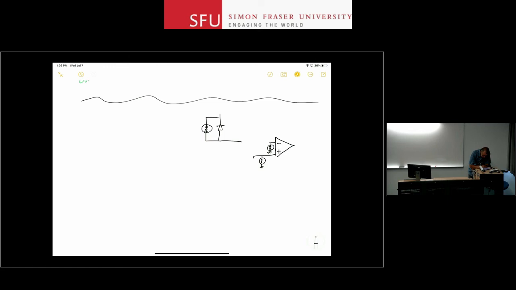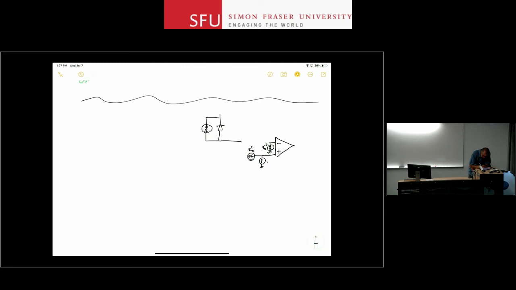And this is grounded. I need to put my voltage noise source for the amplifier either at the negative input or the positive input. I'm going to put it here, and you will see soon why I prefer it here. So this is VNA, this is INA.